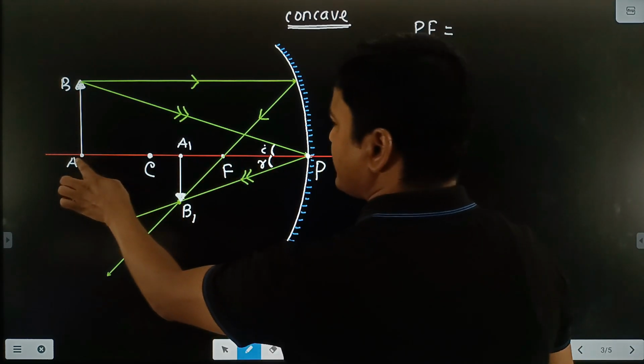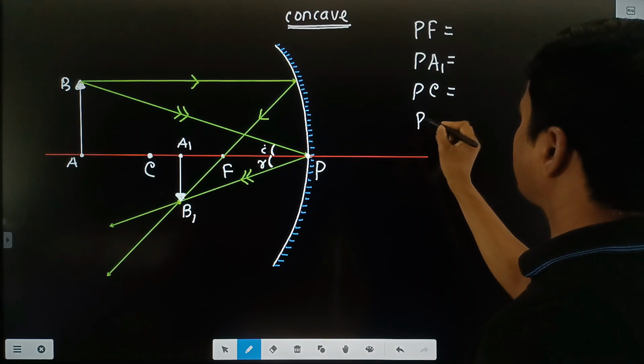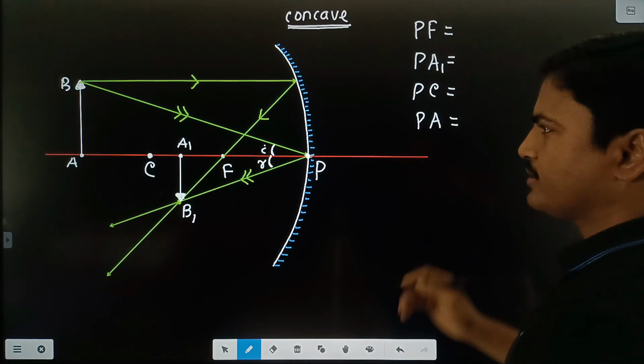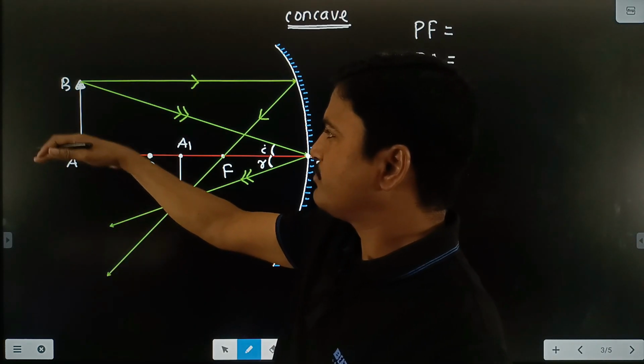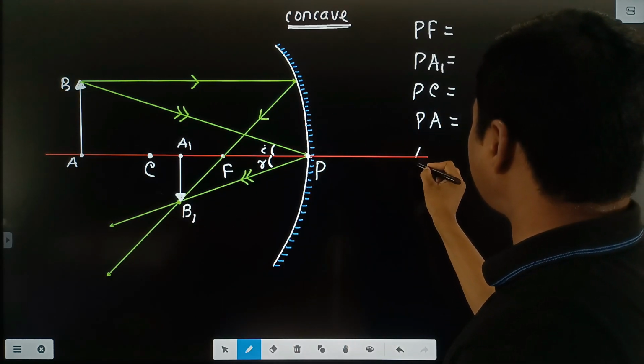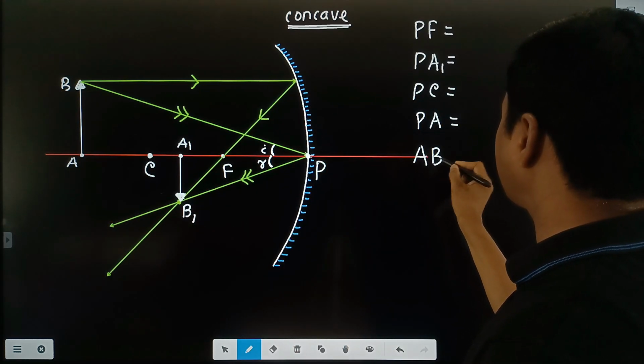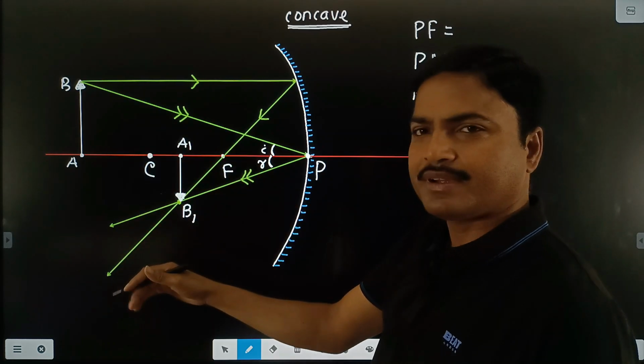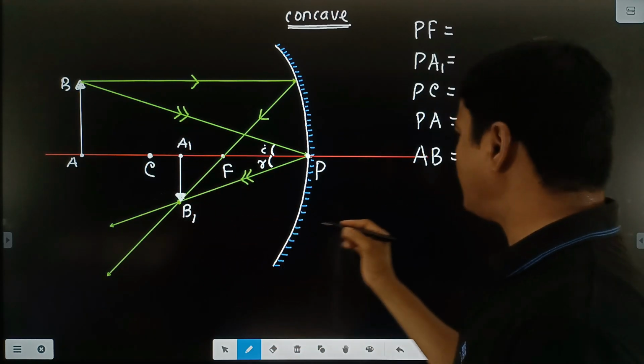Next PA. Clear? Similarly, above the principal axis the object is AB, and below the principal axis the image is A1B1.